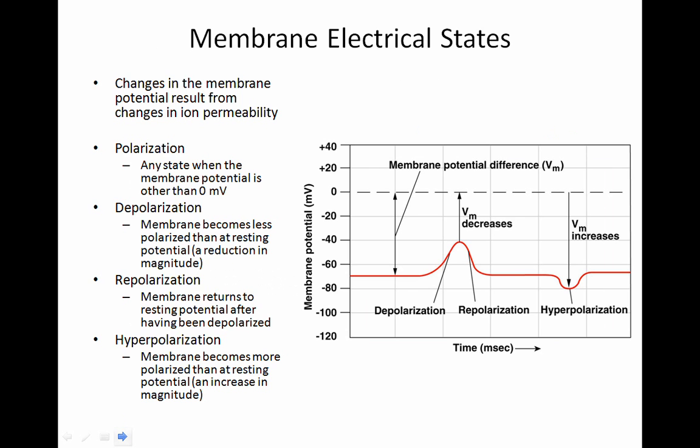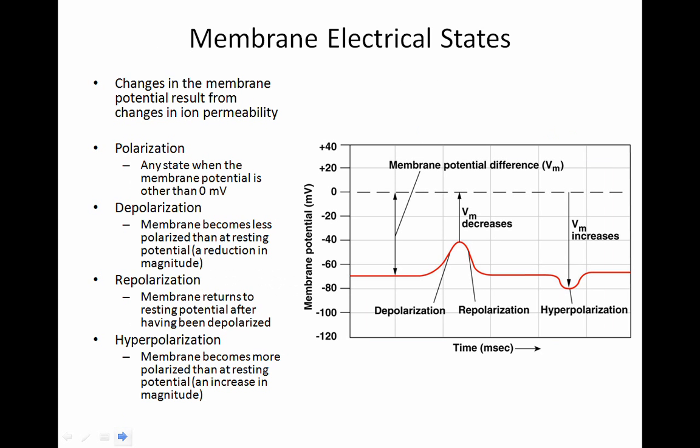All right. What I want you to do when you're looking at these things is this: a resting membrane is always going to be some value other than 0, like -70.